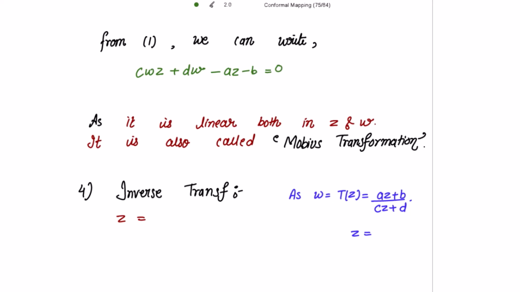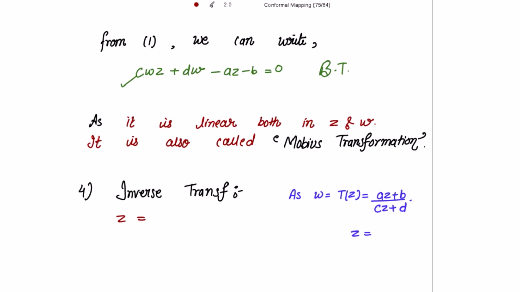So it is evident that this is linear in both z and w. That is why it is called a bilinear transformation. BT is for bilinear transformation, and as it is linear in both z and w, it is also called Mobius transformation.